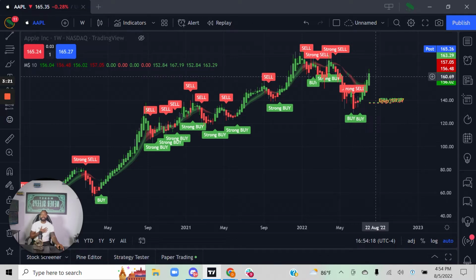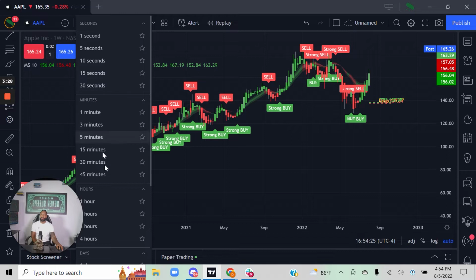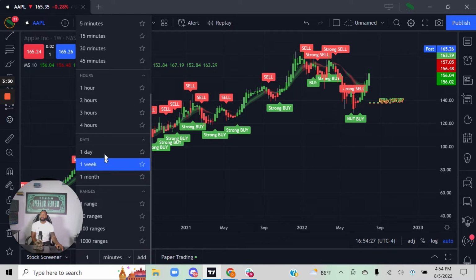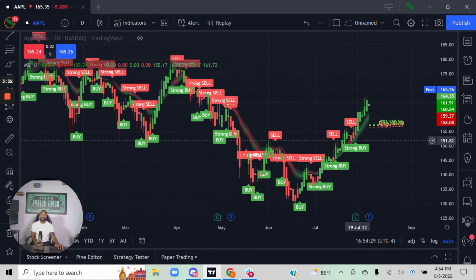For me, immediately I would skip that trade, because I want the 3 closest time frames to be speaking the same language. If I go to the 1 day chart, the 1 day chart for Apple is also in a buy signal. So if I were looking to trade Apple based off of this particular scenario, I would be looking at what time frame I'm considering.